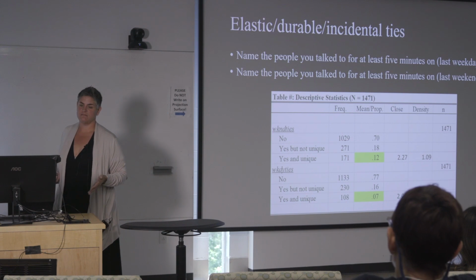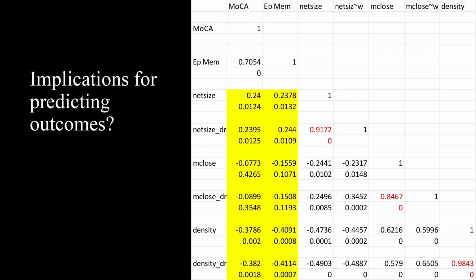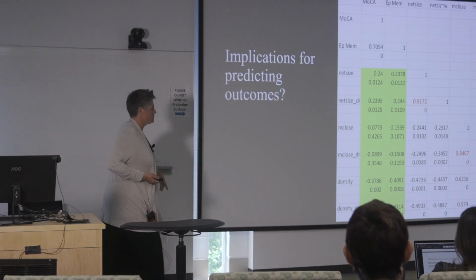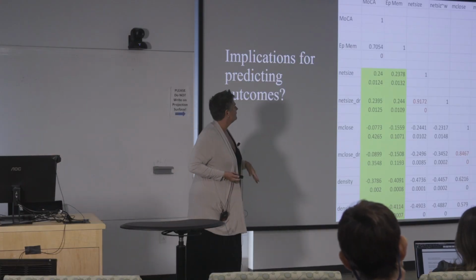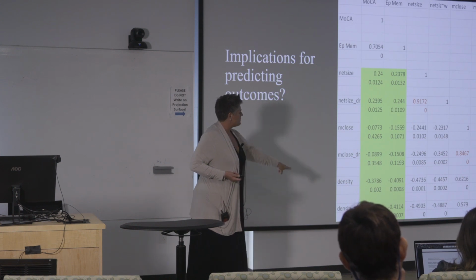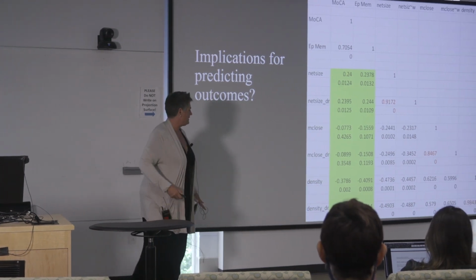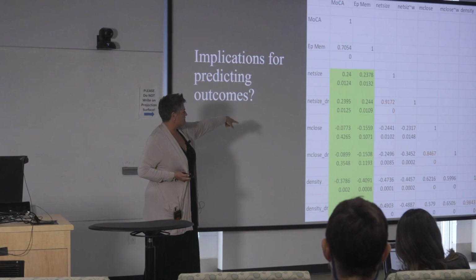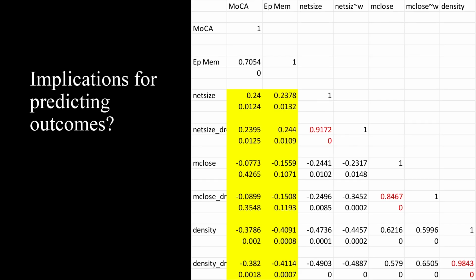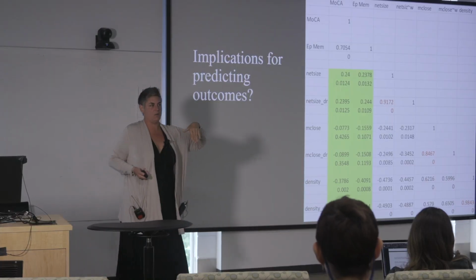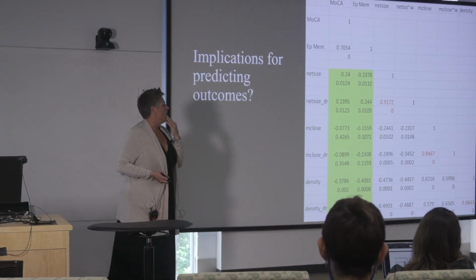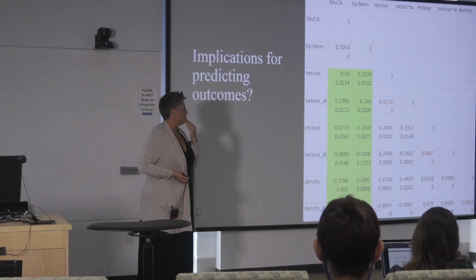So what is this telling us with respect to prediction? Because that's what we really care about. There are two things to pay attention to in this really ugly table here. These are the comparisons of network size and the network size with the incidental ties dropped. We recalculated all the network measures with and without those ties.